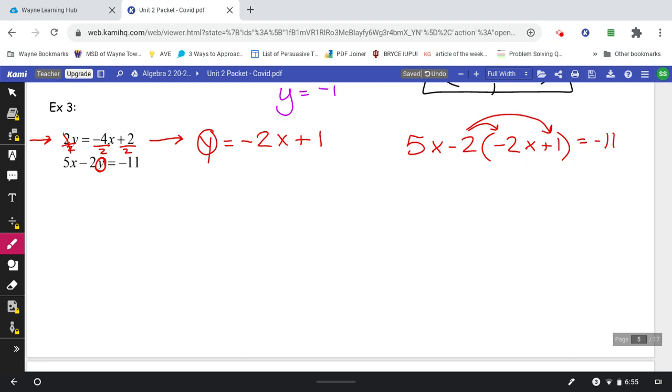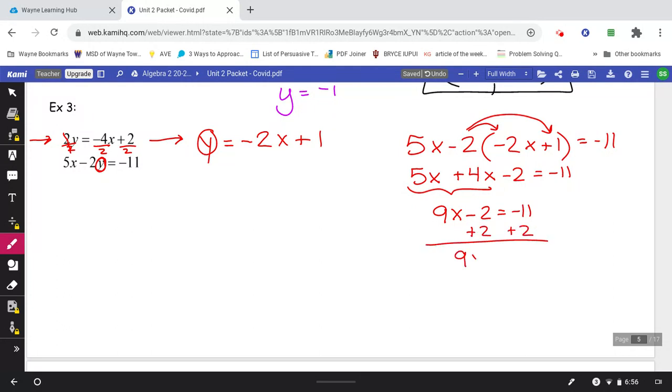And see if you can simplify that problem all the way out to find your answer for x. Your last step, divide by 9. And you get an answer of x equals -1.